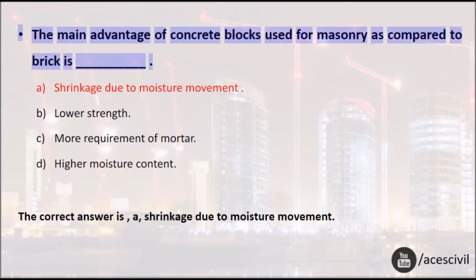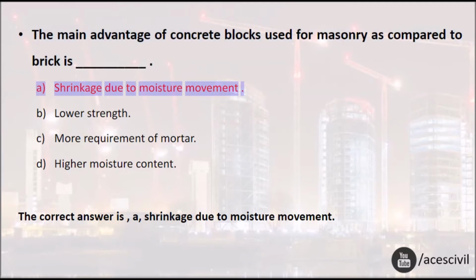The main advantage of concrete blocks used for masonry as compared to brick is A. Shrinkage due to moisture movement, B. Lower strength, C. More requirement of mortar, D. Higher moisture content.